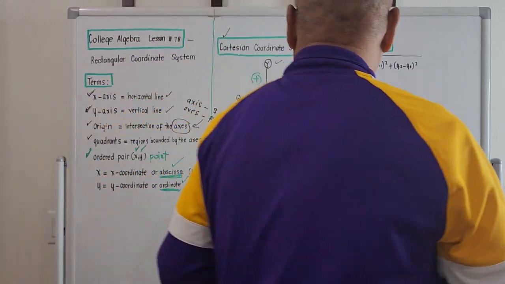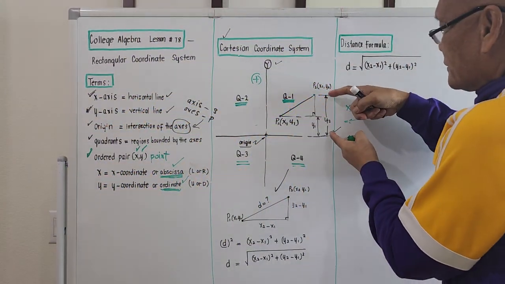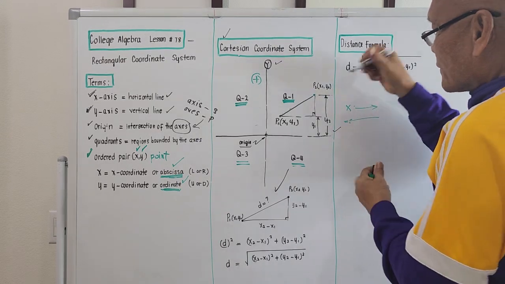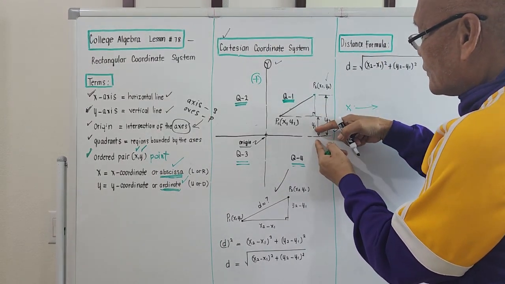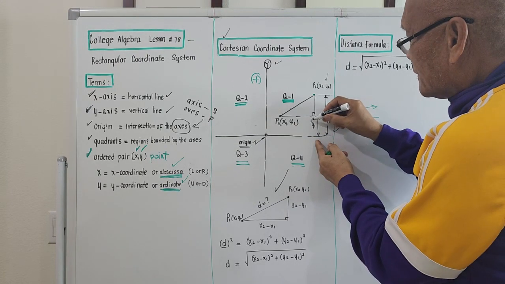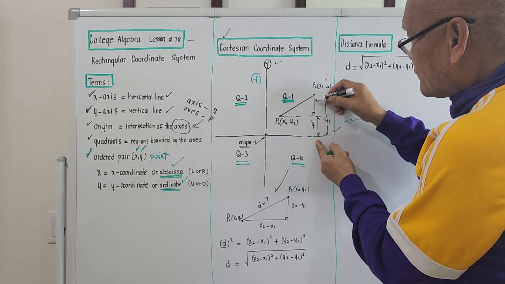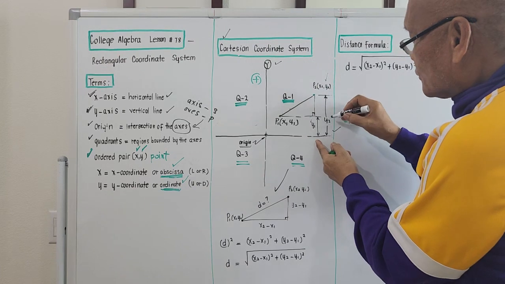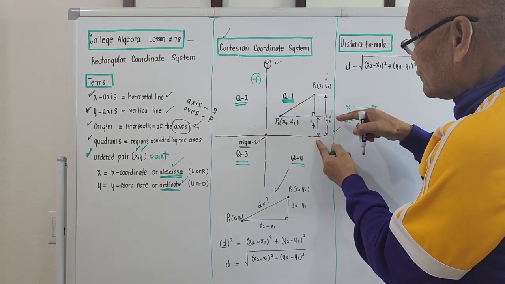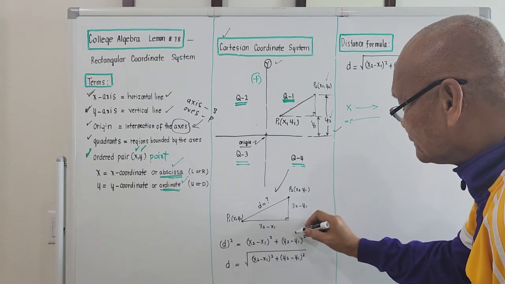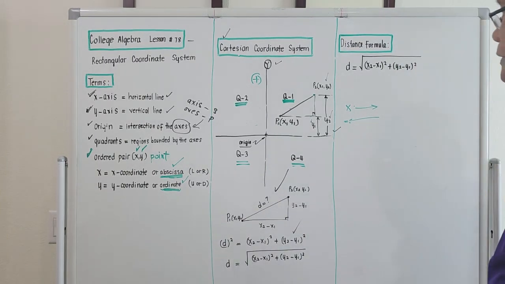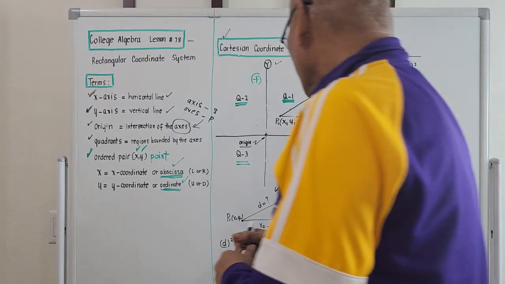This height here is y sub 2, right? And this height here is actually y sub 1. So if we try to compute for this distance here, it should be the difference y sub 2 minus y sub 1. It is this. Right? On the abscissa, it's the same.